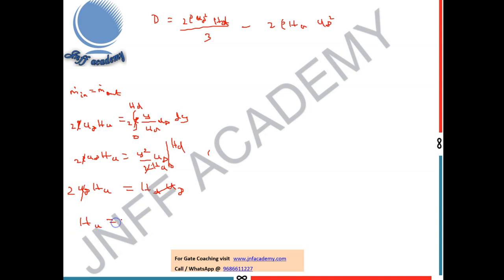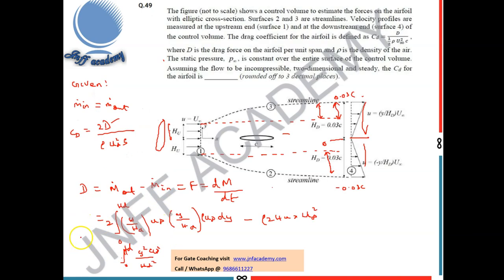HU is HD by 2, which means the relationship between the amount of the flow that got extended, right? If this length is HU, HD is 2 times HU.